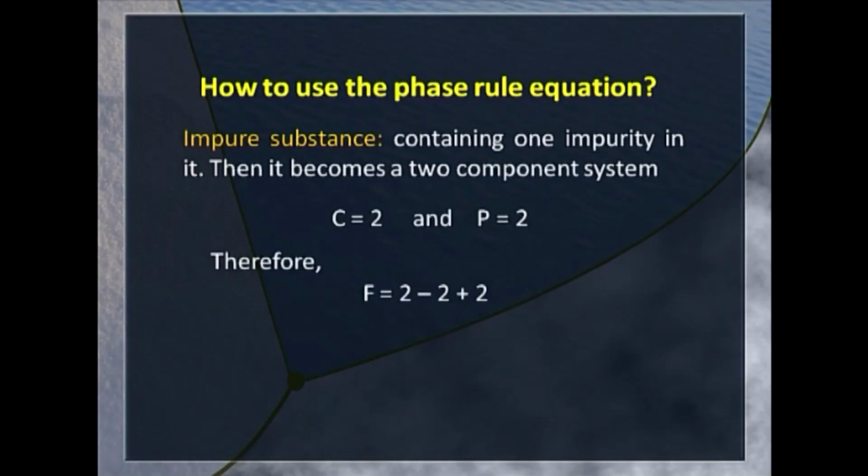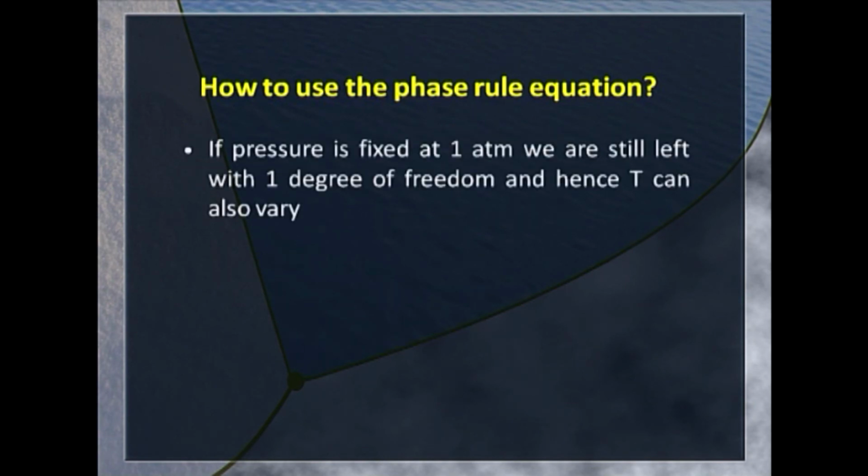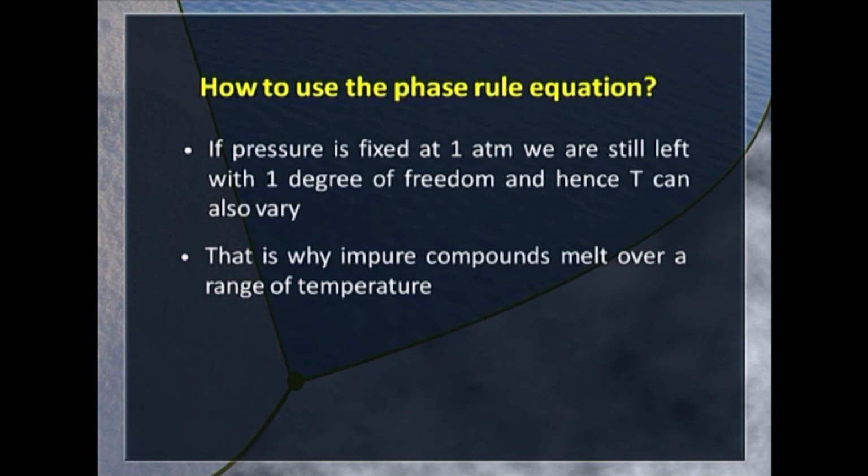F is equal to 2 minus 2 plus 2, which means the number of degrees of freedom now available to us is 2, one of which we are using to fix the pressure at 1 atmosphere, but we are still left with 1 degree of freedom, and hence T can also vary. That is why impure compounds melt over a range of temperature.